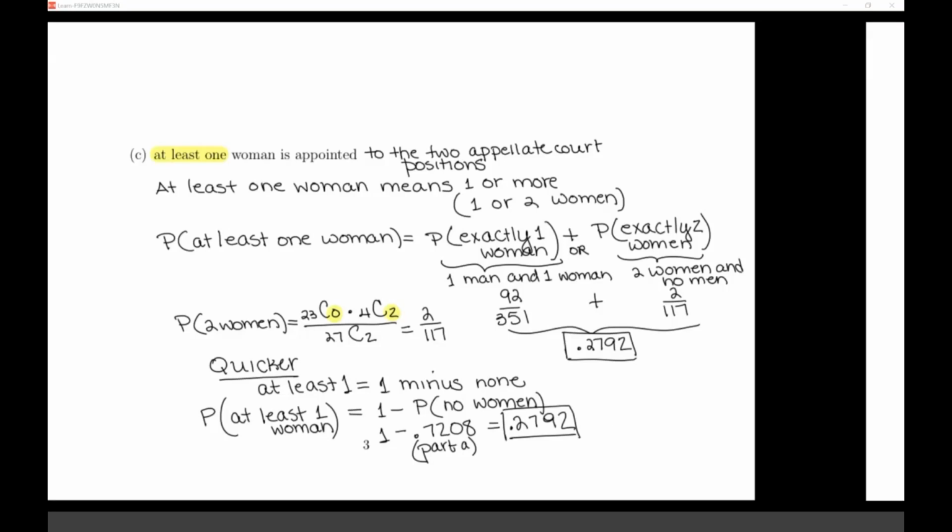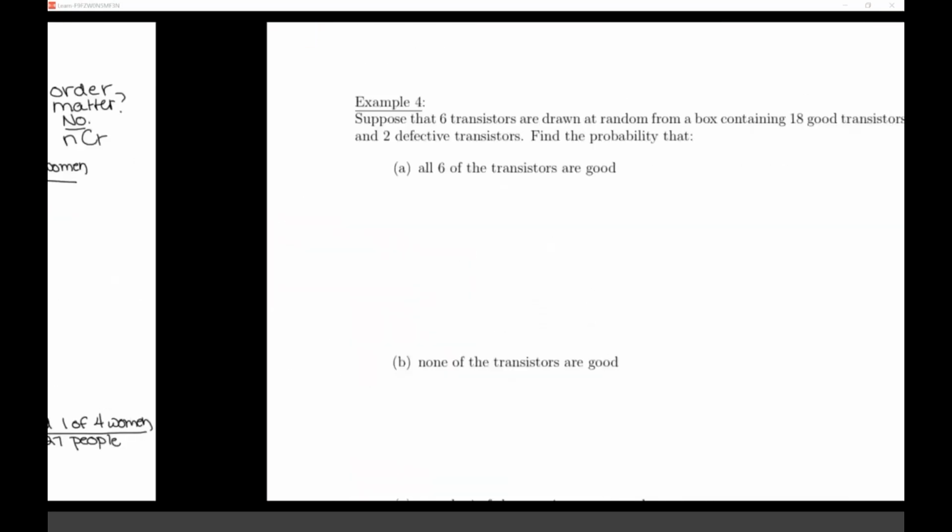I'm going to go through the rest of the problems kind of quickly because we're getting near the end. I just want to show you how to set them up and what hidden assumptions might be in them, because to be honest, that's more important than actually going through the calculating. I will upload all my work on these notes, so you'll be able to see everything worked out in detail.